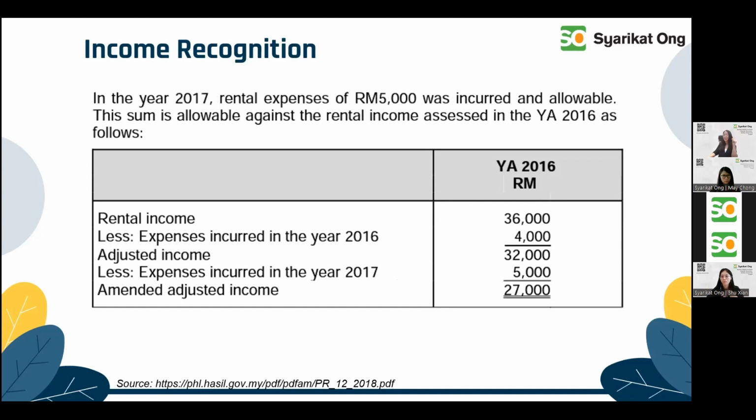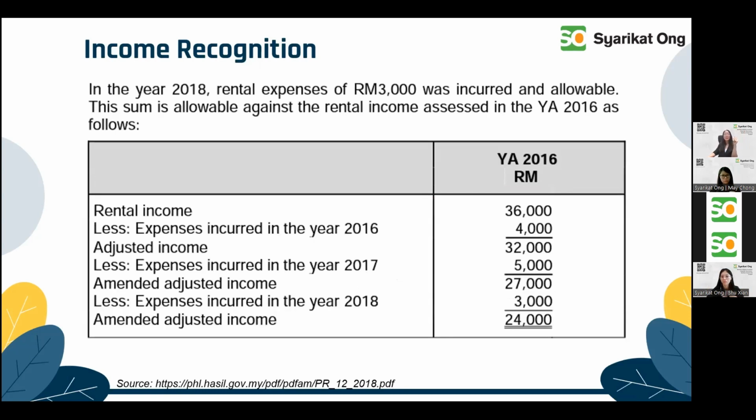Okay, now it's not the end yet. In the year 18, I have additional expenditure that was incurred relating to this 36,000 rental income that I had already collected upfront in 16.